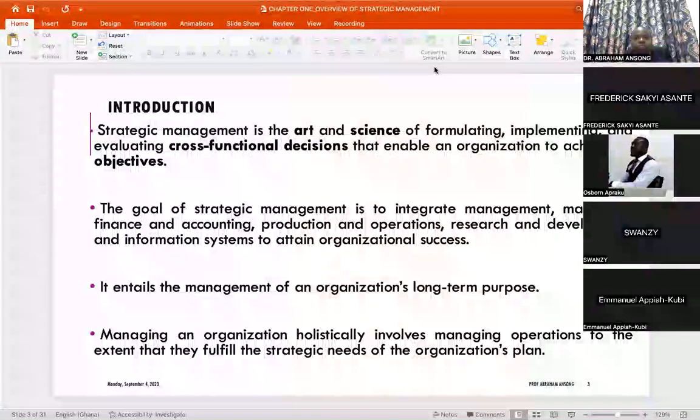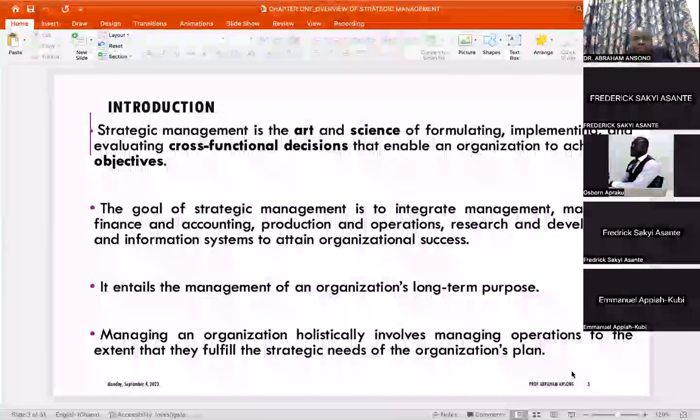Strategic decisions will call for the collaboration of marketing, finance and accounting, production and operations, IT. All the functional areas must be working together in order to help you achieve your goals. So that is the other attribute of strategic management that we have to know.